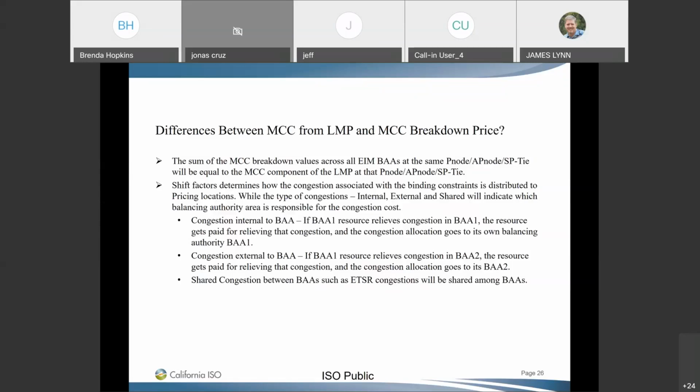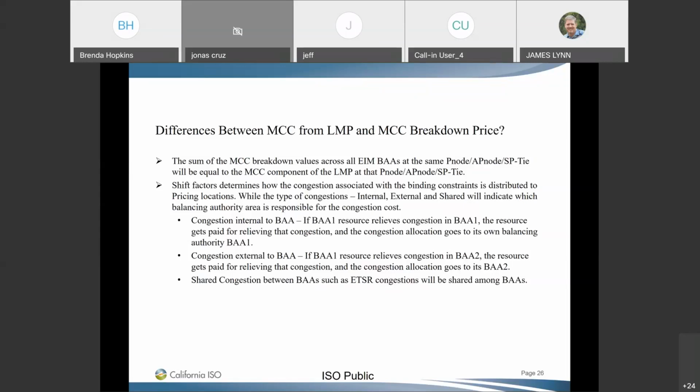Now, if you want to shadow the calculation of the marginal cost congestion breakdown versus your total breakdown, we don't calculate the breakdown at each nodal location. My settlement system calculates it and sums it up to a BA. We do it in one quick swoop right through.